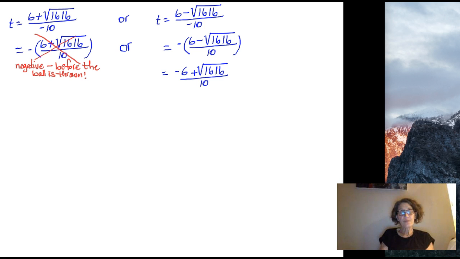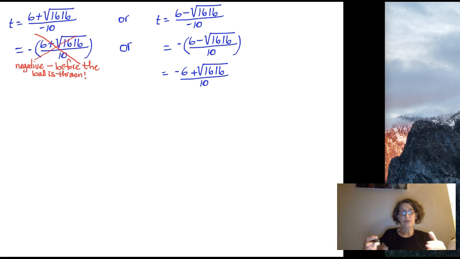And so now I'm going to show you the steps for putting this into a TI-30XA calculator so that you don't mess up. And also, because I don't want you rounding anything until the very, very end of the problem.